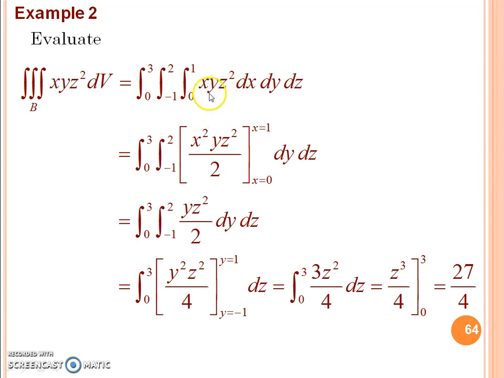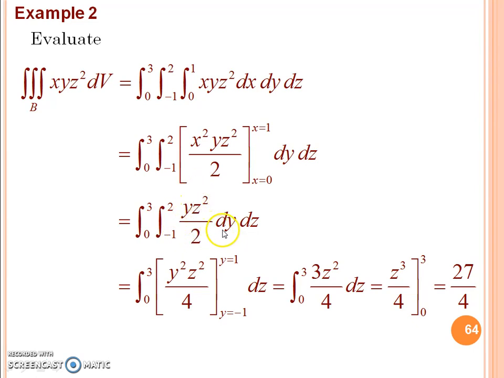And we integrate this function. Here all three factors are in multiplication, so we can integrate separately in multiplication form, or we can integrate one by one. We integrate first with respect to x, and while integrating with respect to x, we keep y and z constant. So we get x square by 2, with y and z square as they are. Put upper limit minus lower limit for x. Similarly, we integrate with respect to y.